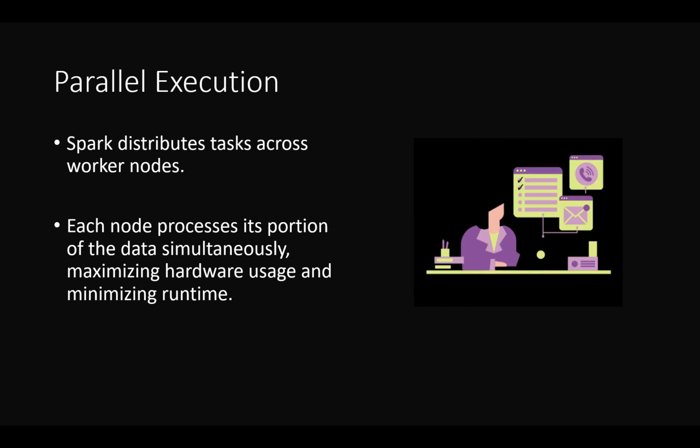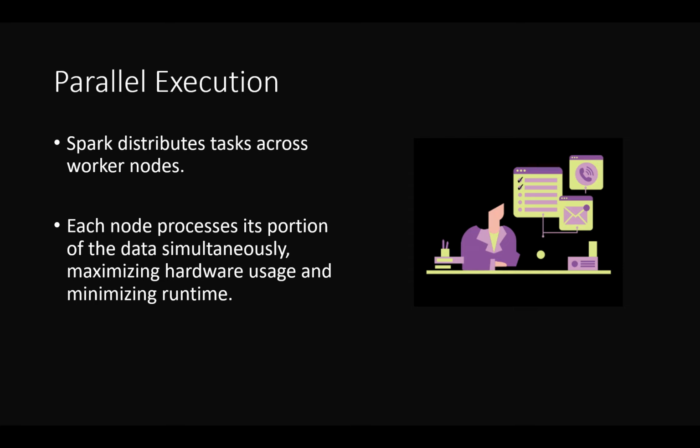One more feature that contributes to Spark performance is parallel execution. Since Spark distributes tasks across worker nodes, all the tasks can run in parallel. So there are multiple worker nodes or executors which are controlled by the driver. These worker nodes are working in parallel to execute the job.